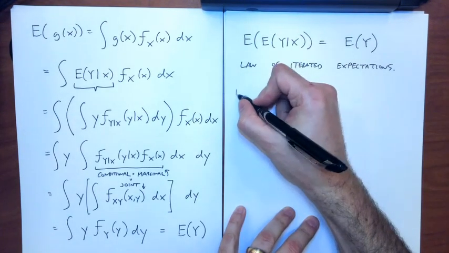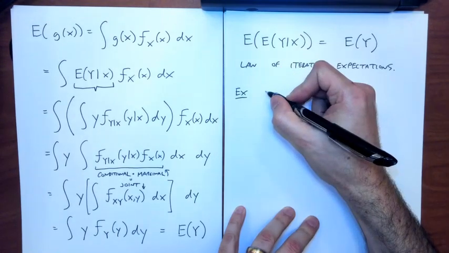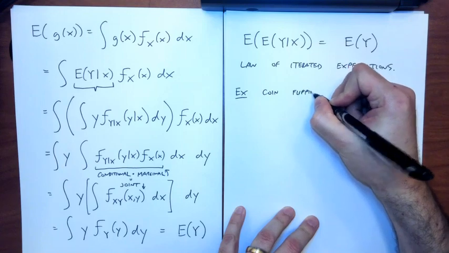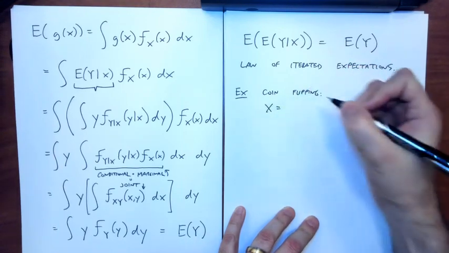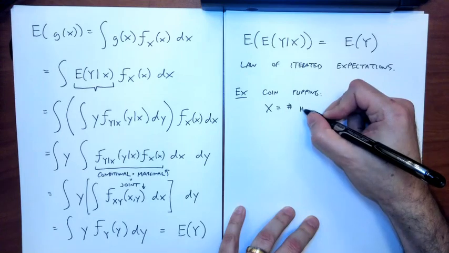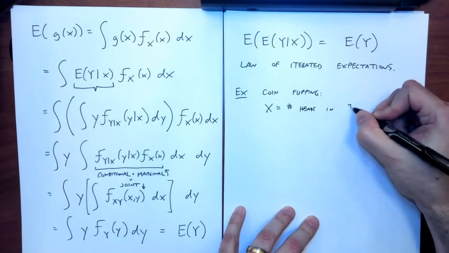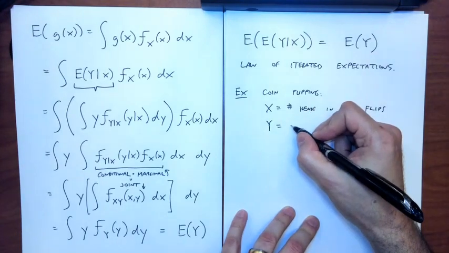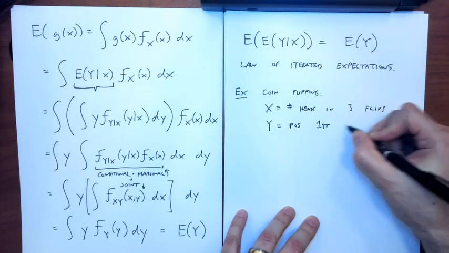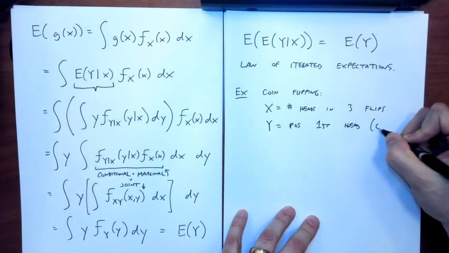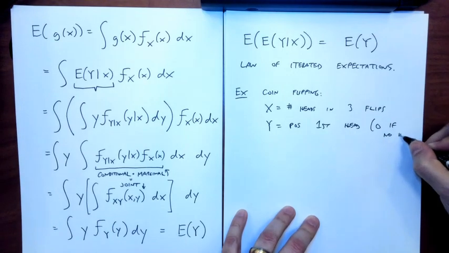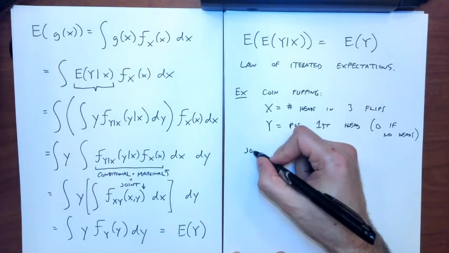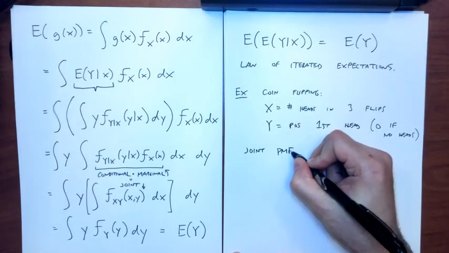So let's do a quick example of the coin flipping from last time. Here, x is the number of heads in 3 flips. Y is the position of the first head, 0 if no heads. And then I can make a table of the joint PMF, right?